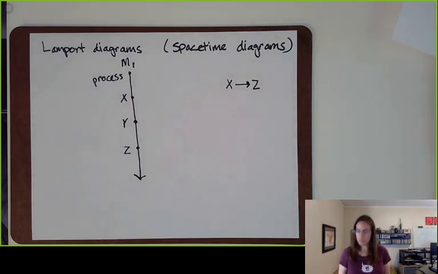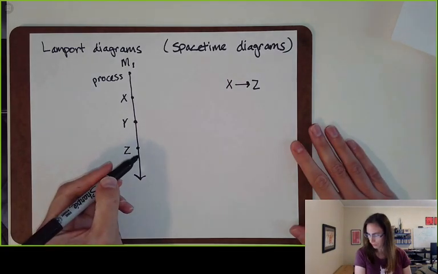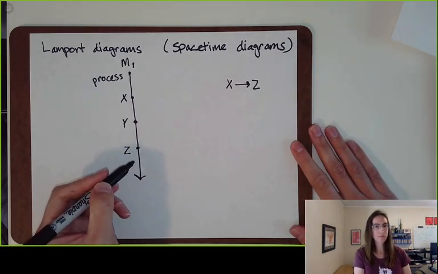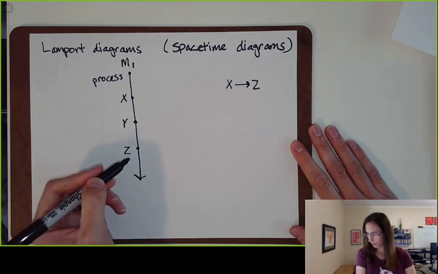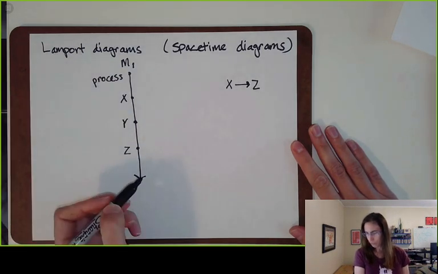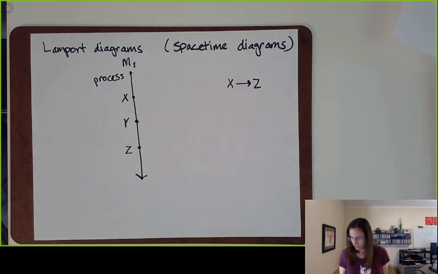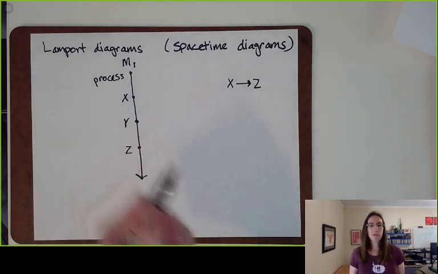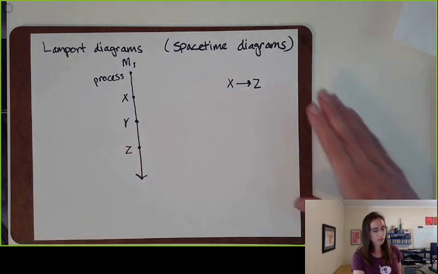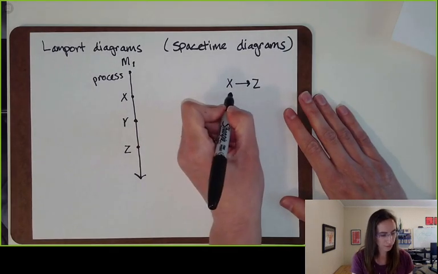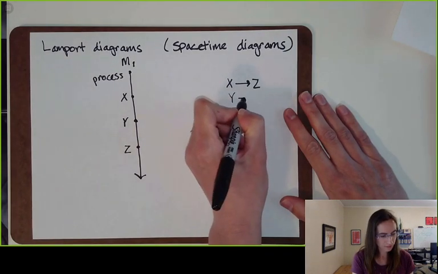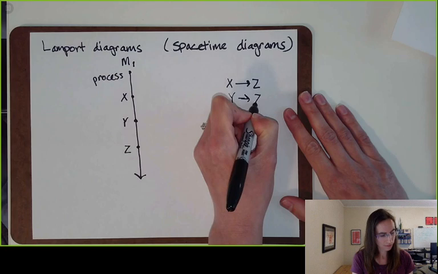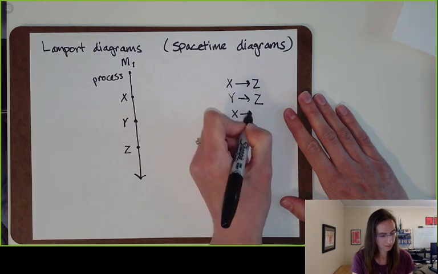Well, maybe. We don't know. So given any event, all I have to do to find its cause or its possible cause is to look before it on the line. If I want to know why an event happened, something above it was responsible. So in this case, Y also happened before Z. And X happened before Y.